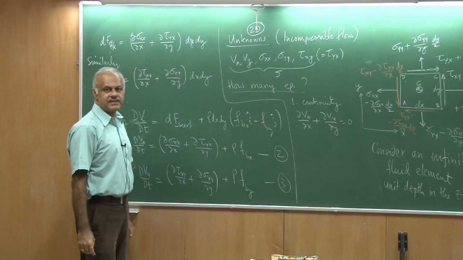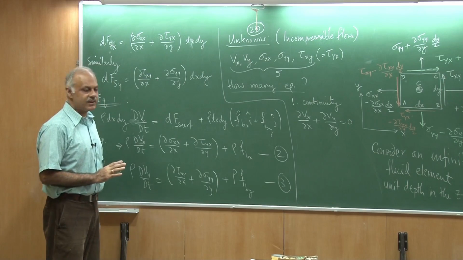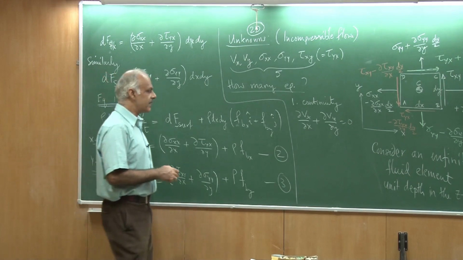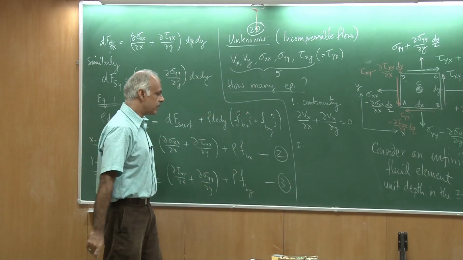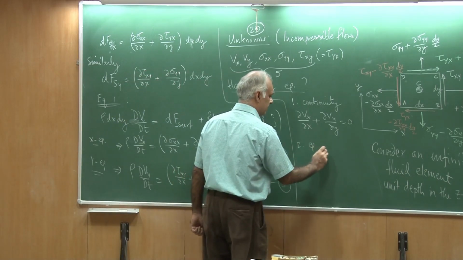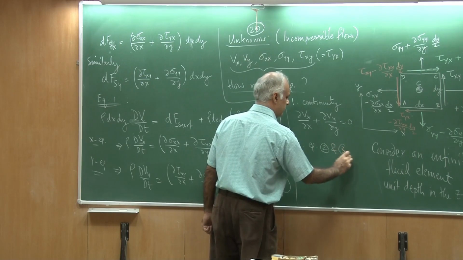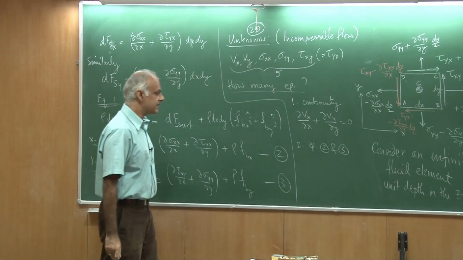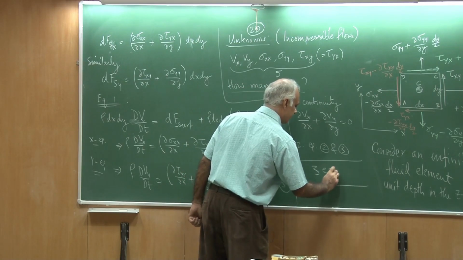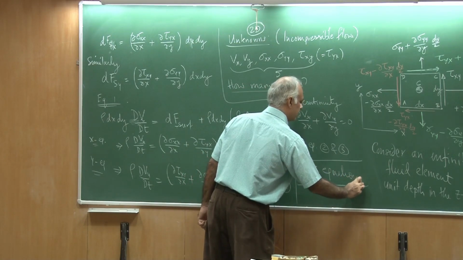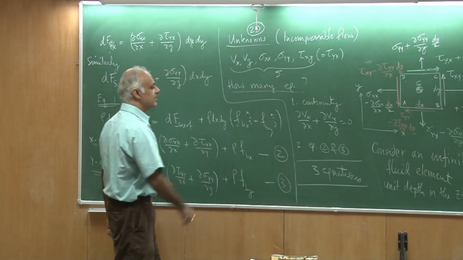That is from the mass balance, so that is one equation we already have in our kitty. And then we have equations 2 and 3, which are the force balance equations. So overall we have 3 equations, 3 equations, 5 unknowns.